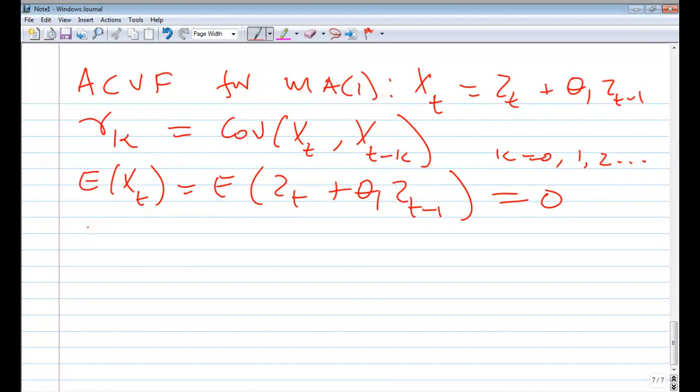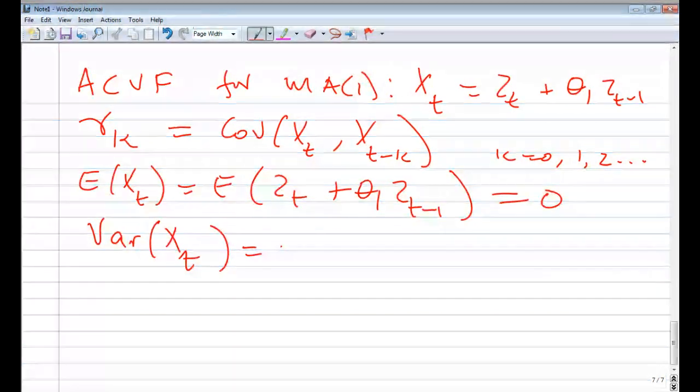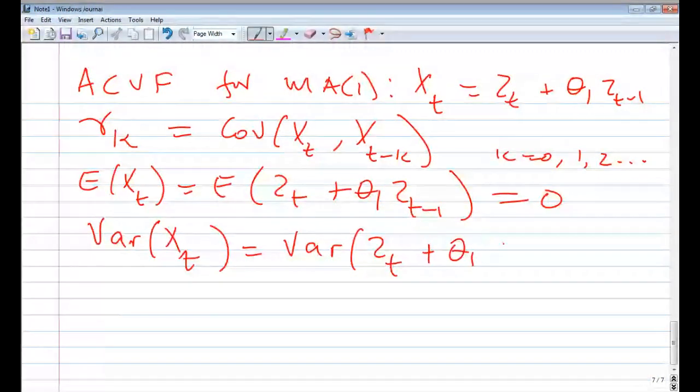So now comes the var of Xt. Var of Xt will be equal to the var of Zt plus theta 1 Zt minus 1, isn't it? Now you can introduce the variance throughout. So you're going to have what?